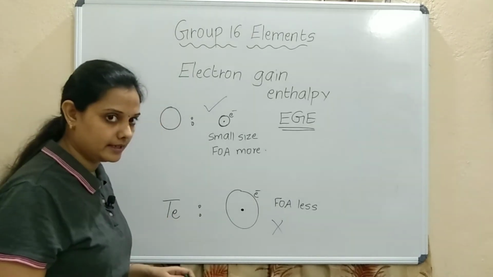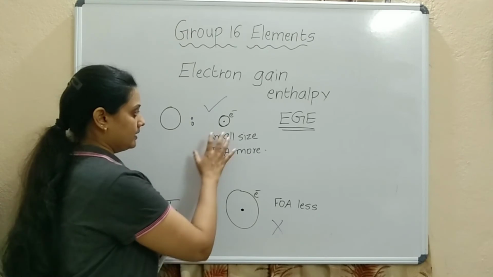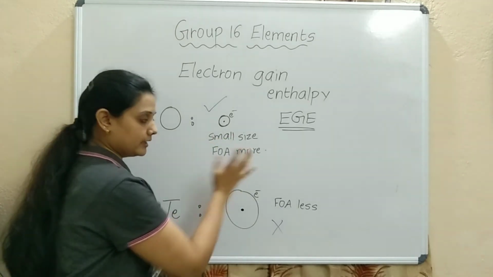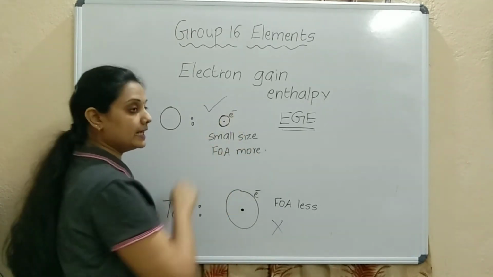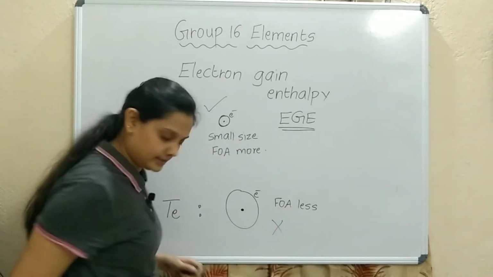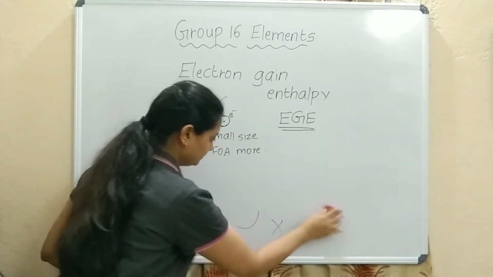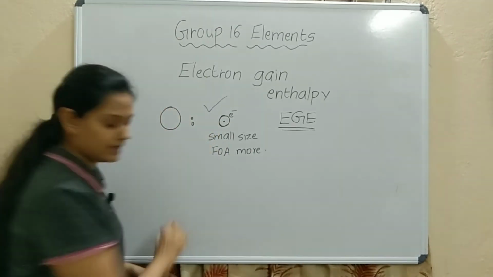Okay, this point is clear. One more reason is there, we will check that also. So because of small size and more force of attraction, the incoming electron can be easily held by the nucleus in case of oxygen. Compare this with sulfur now. Oxygen and sulfur.